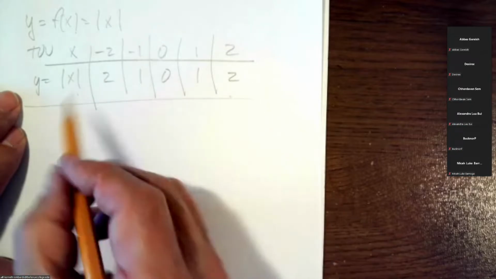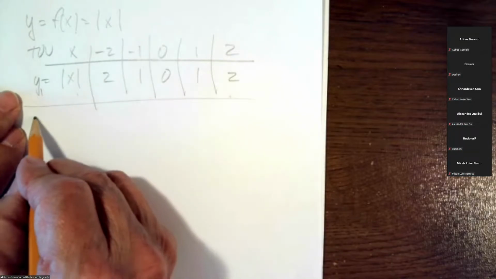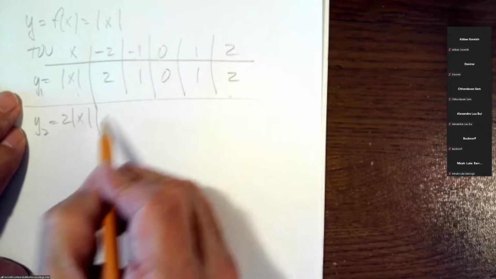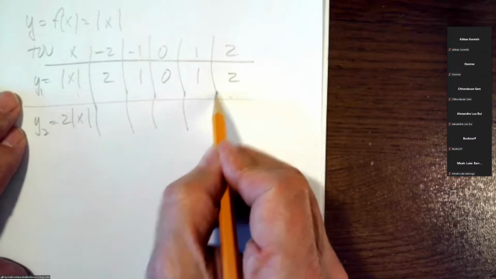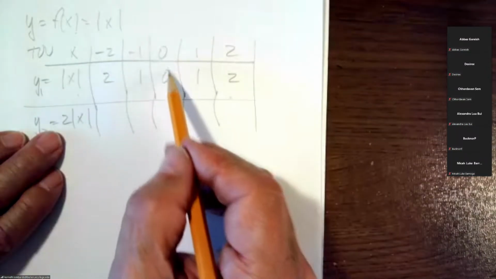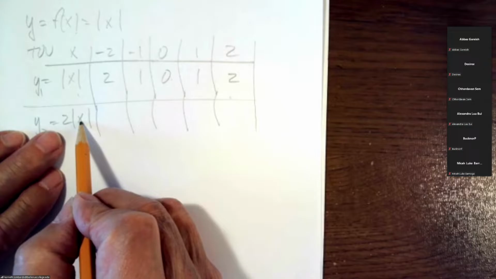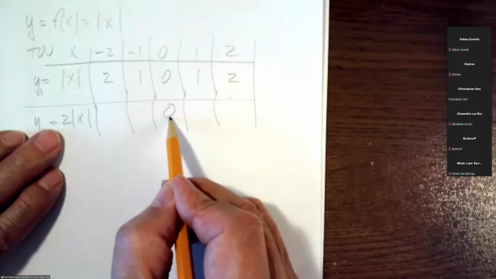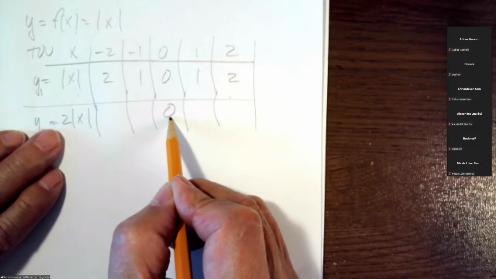Now, that's y sub 1. Y sub 2 is 2 absolute value of x. And we're asking, what does that look like? Well, at 0, if the absolute value of x is 0, 2 times 0 is still 0, isn't it? So they start at the same point.